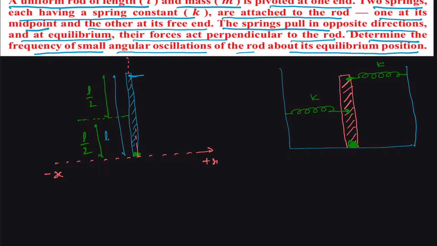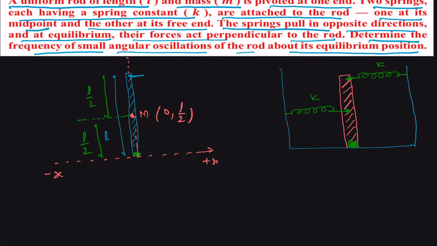And therefore the coordinate of the midpoint, let us call this M, will be 0 comma L by 2. And the spring which is on the left is going to pull towards the left, which is our negative x-axis.